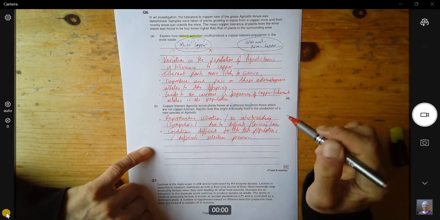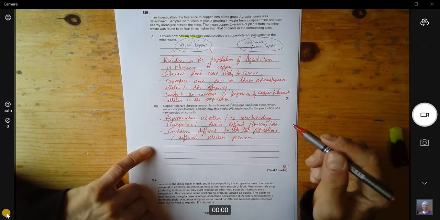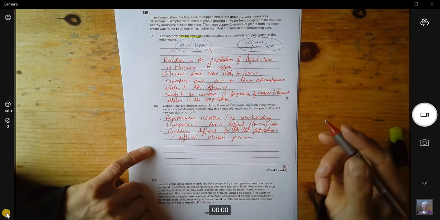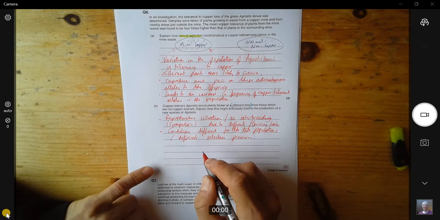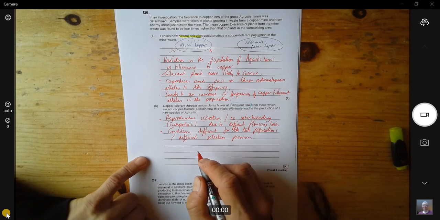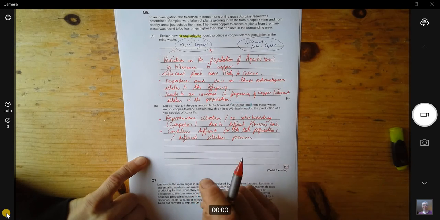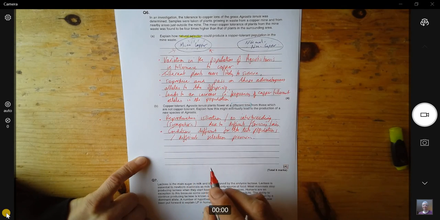The copper or non-copper. And then you're going to get adaptations coming through, mutations, adaptations, differential survival, and so on.